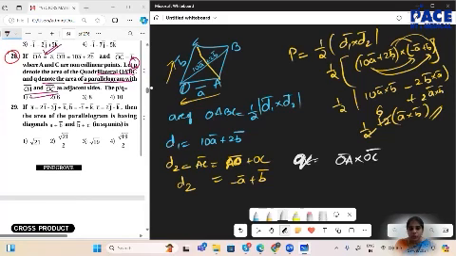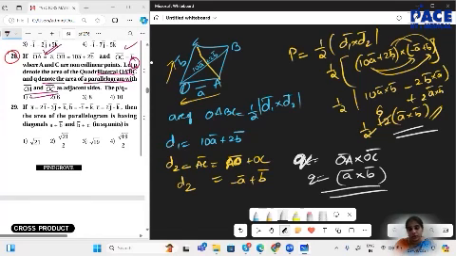OA is given as A, and OC is given as B. Now tell me what is P by Q? P is 6 times A cross B, and Q is A cross B. So 6 times A cross B upon A cross B. Hence the answer is 6. Finish. Clear with that?